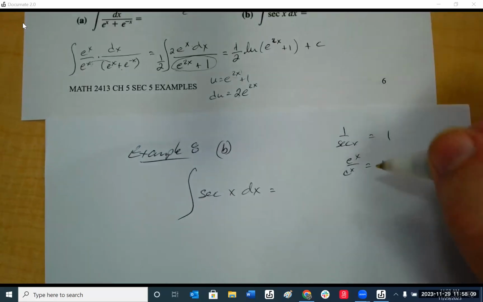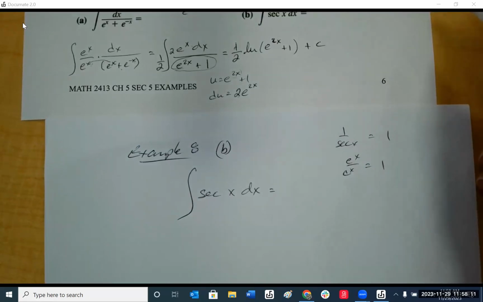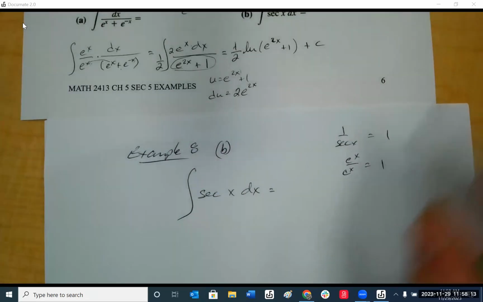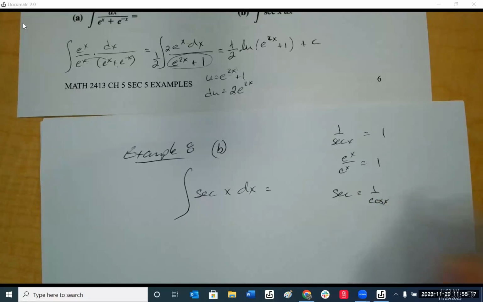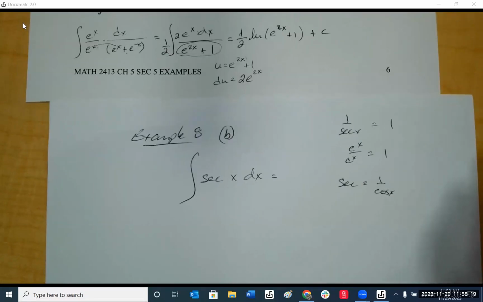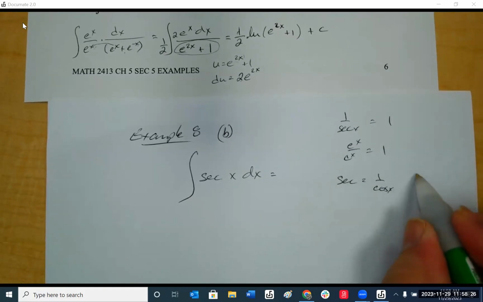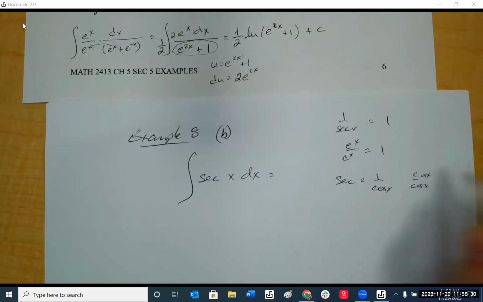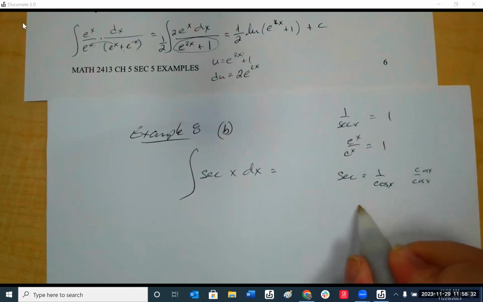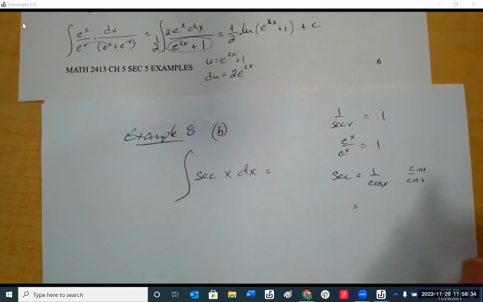So let's see what other things equal 1 with respect to this one. You're right, because secant is 1 over cosine. If we multiplied by cosine over cosine, now we come back to the same thing. We have cosine over cosine squared x.